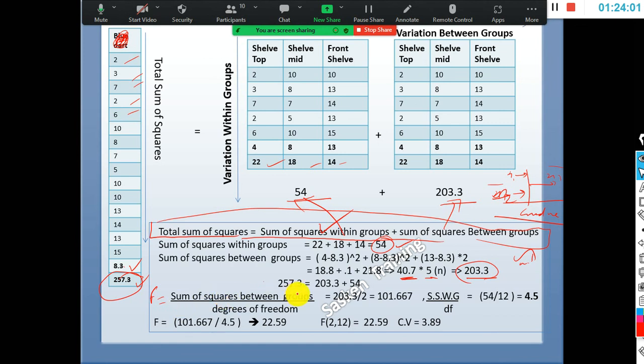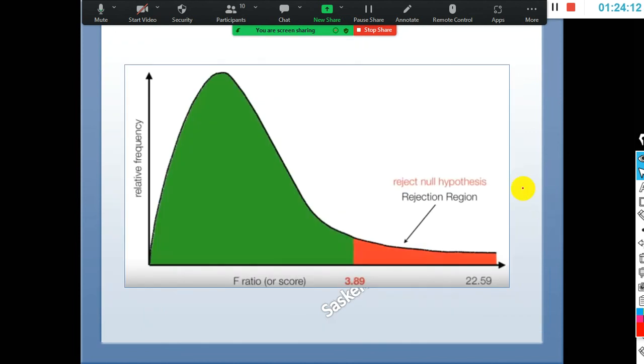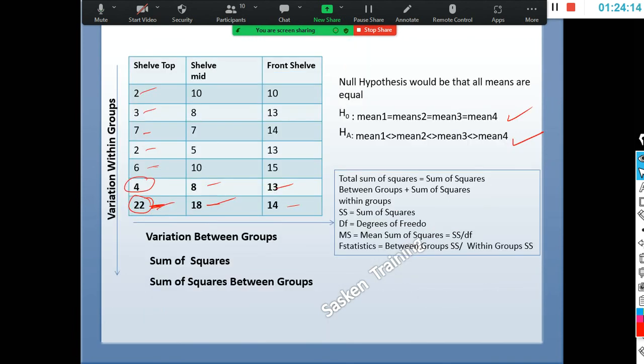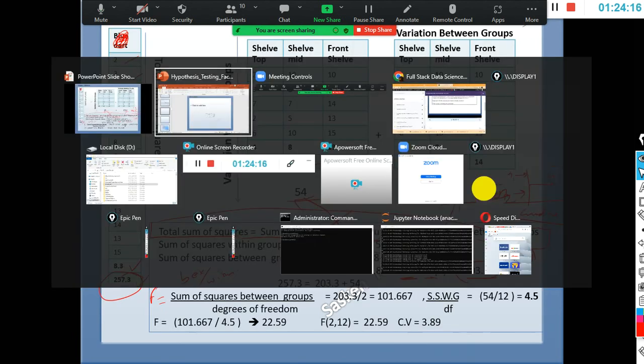The same thing, but the only difference is this is your F statistic. Sum of squares between groups divided by within groups. Okay, so between divided by within. You need to remember this. So when I talk about this, you need to picturize this one.